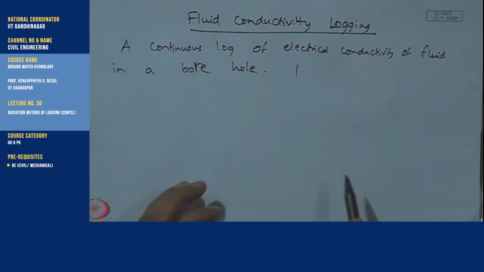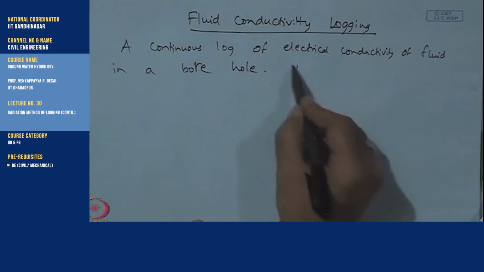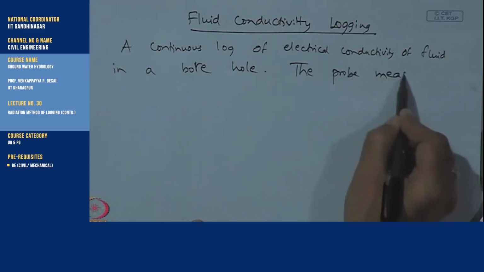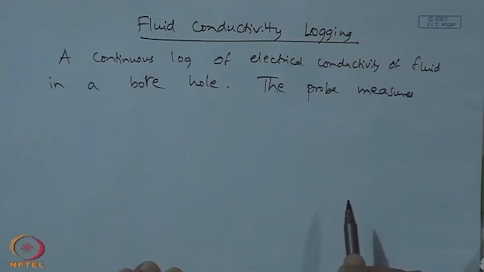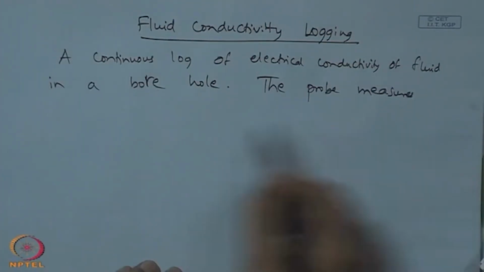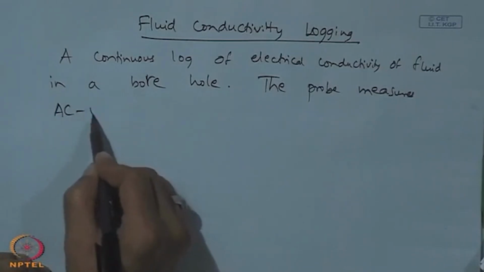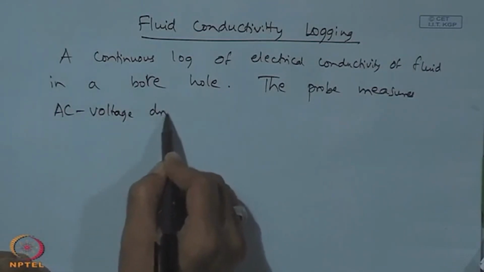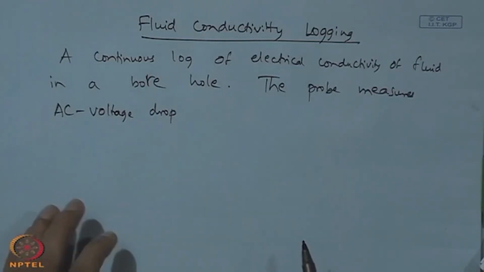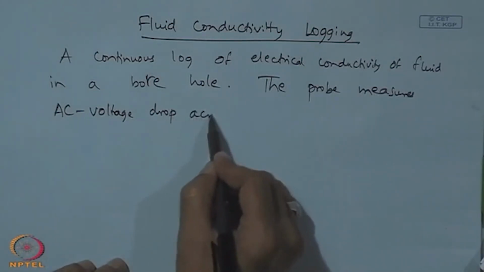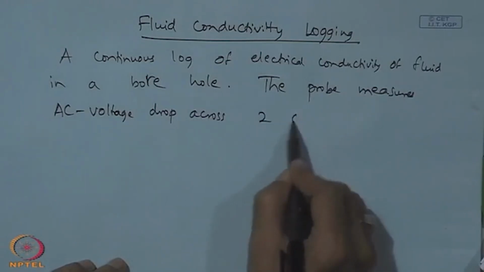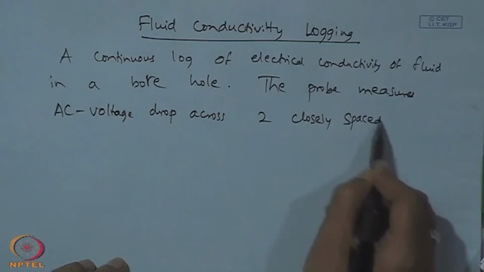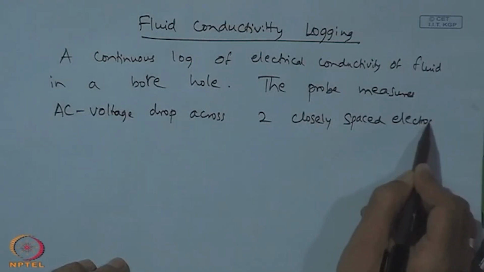The probe measures the alternating current voltage drop across two closely spaced electrodes.